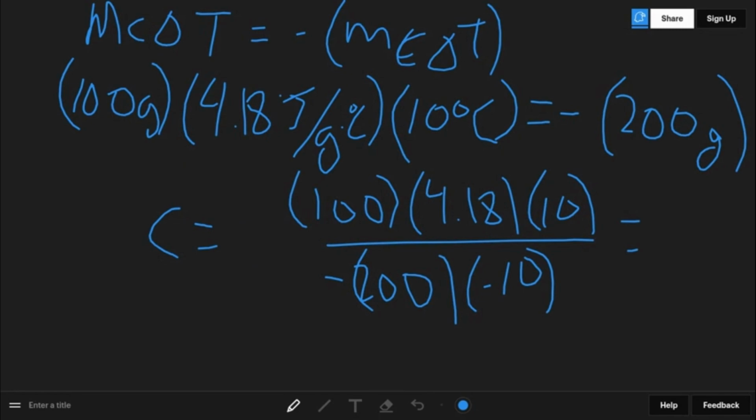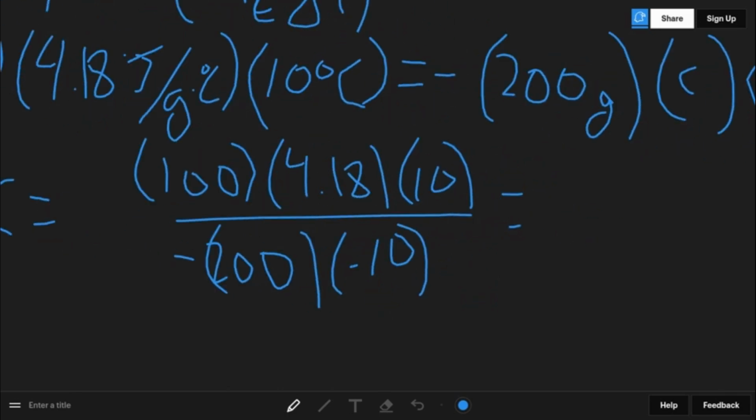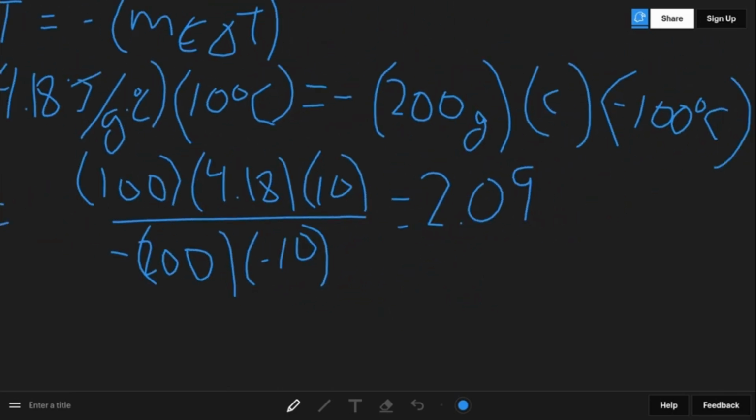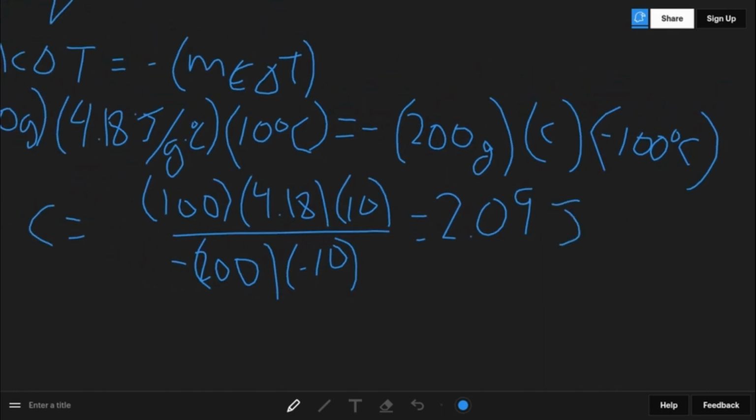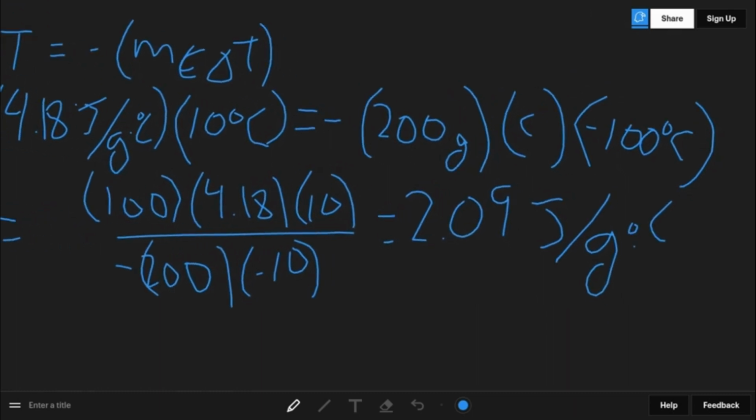After we plug that into our calculator, we get 2.09. This is specific heat. It is joules per gram times degrees Celsius. And that's our answer.